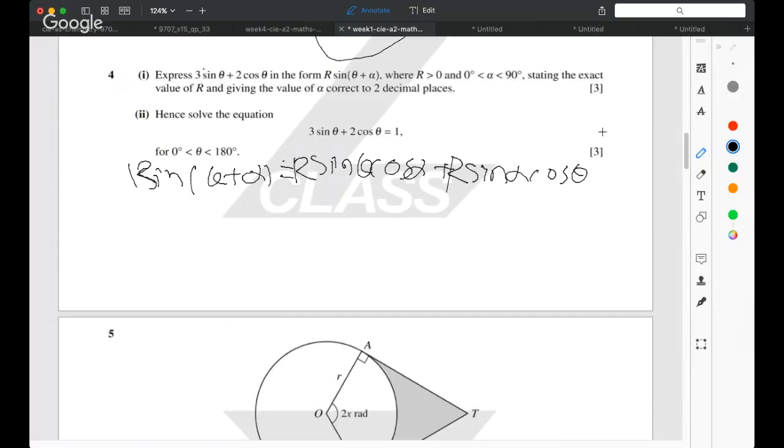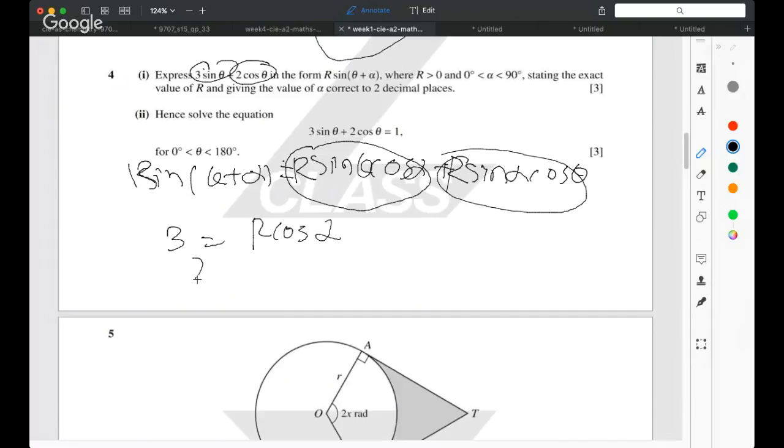Okay, so as we said, by equating the coefficients, comparing this term and this term, 3 is equal to r times cos alpha, and comparing that term, 2 is equal to r times sine alpha.